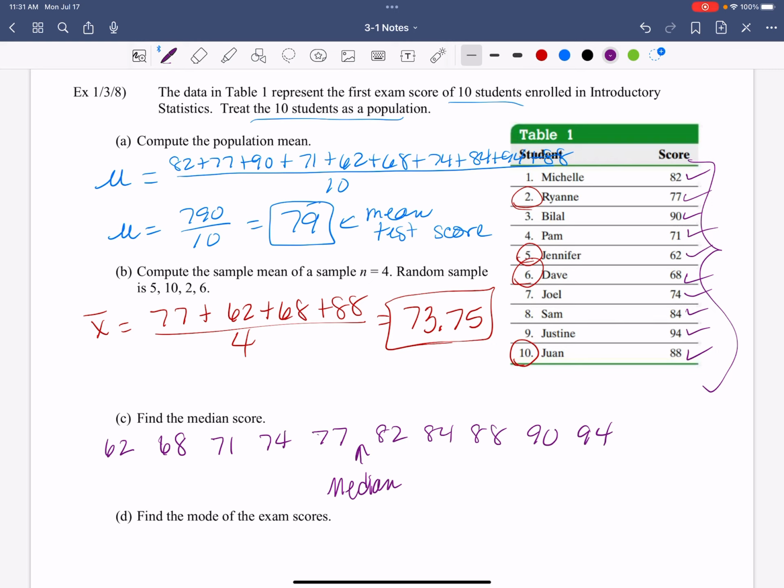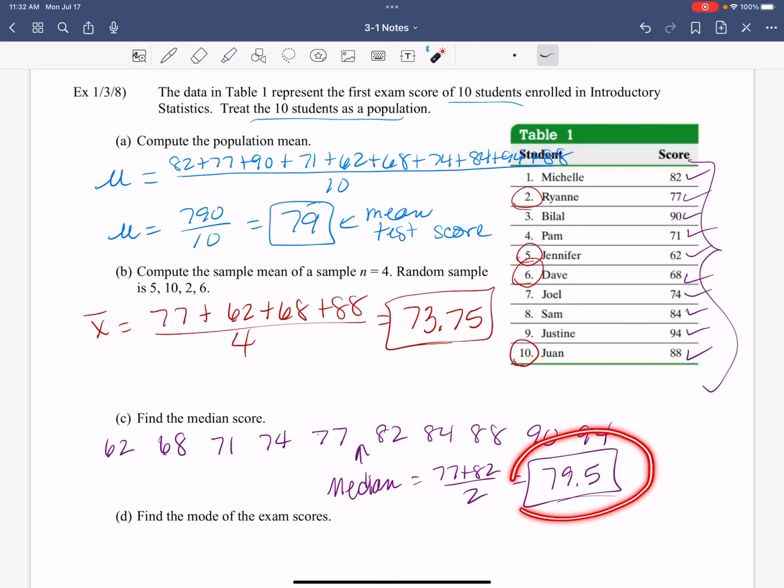Yeah, add them up, divide them by 2. You literally want the middle piece of data. If it's not one of your actual data pieces, then you still want to find the middle of that ordered data. So I'm going to take 77 plus 82, divide that by 2. Do that in your handy dandy calculator, and what do you get? 79.5.